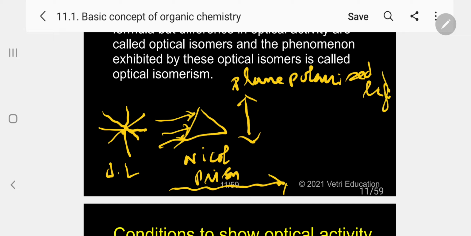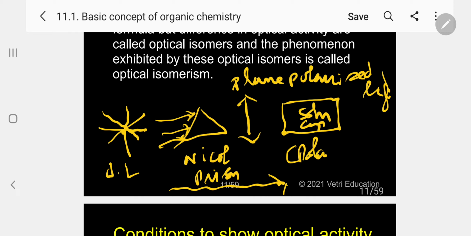What will happen when this plane polarized light is passed through a tube containing a solution of the compound? This is normally done in a polarimeter, the instrument we are using. After coming out, when the plane polarized light is allowed to pass through the solution, three things can happen.